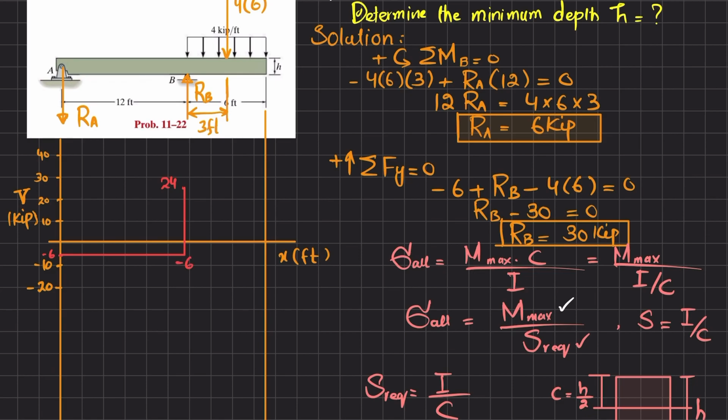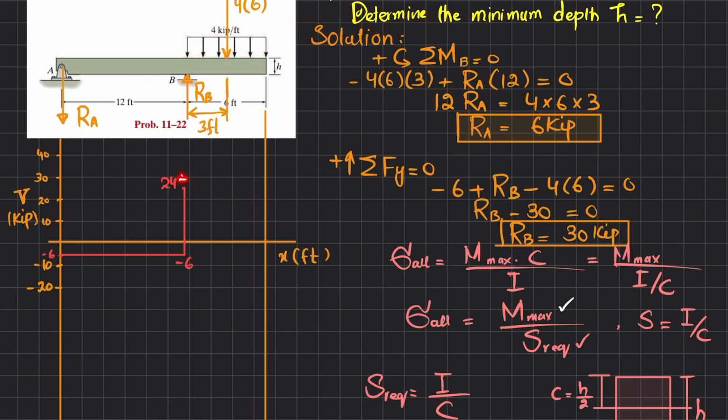Now here you can see there is a uniformly distributed load. At this end, the total load will be equal to 4 into 6, 24. So plus 24, and this load will be minus 4 into 6 because that is downward, so minus 24.